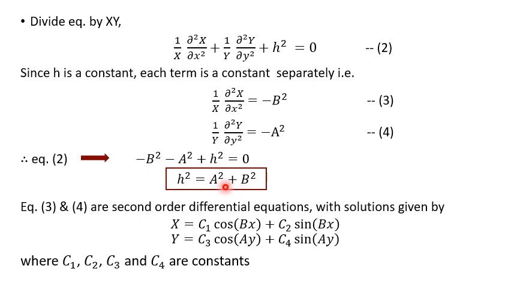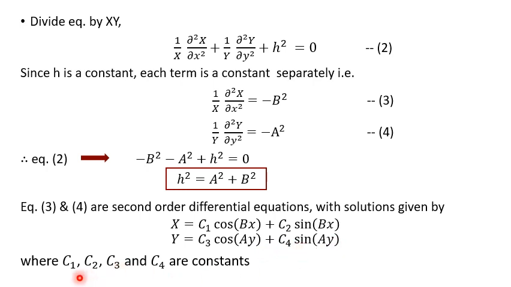Now these equations 3 and 4 are actually second order differential equations. The solution of these can be written as capital X is equal to C1 cos bx plus C2 sin bx, and Y can be written as C3 cos ay plus C4 sin ay.